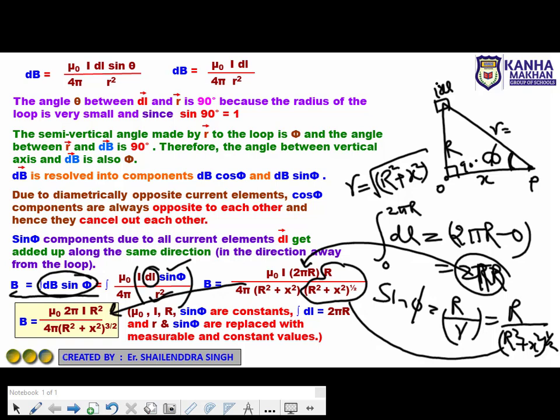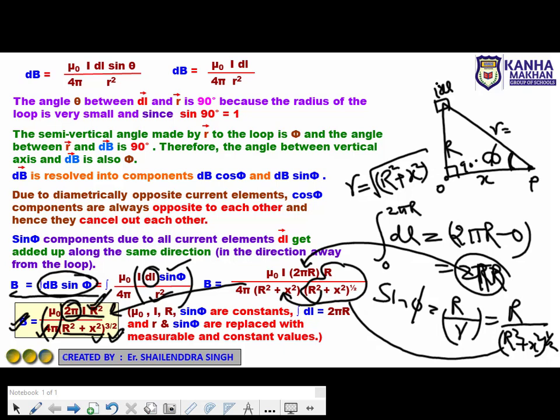Please see here, the net magnetic field at the point P due to the loop is given as mu naught upon 4 pi, 2 pi I R square divided by (R square plus x square) to the power 3 by 2. Due to the multiplication of these two terms, it becomes 3 by 2. And please do not cancel this 2 pi with the 4 pi, for maintaining the symmetry in the formula.